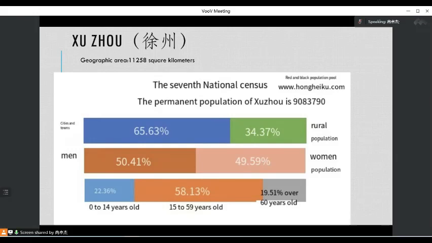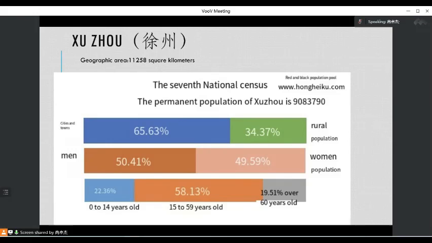Similarly, let's take a look at this picture on the slide. First of all, we need to understand the geographical area of Xuzhou. The geographical area of Xuzhou is about 11 thousand square kilometers.